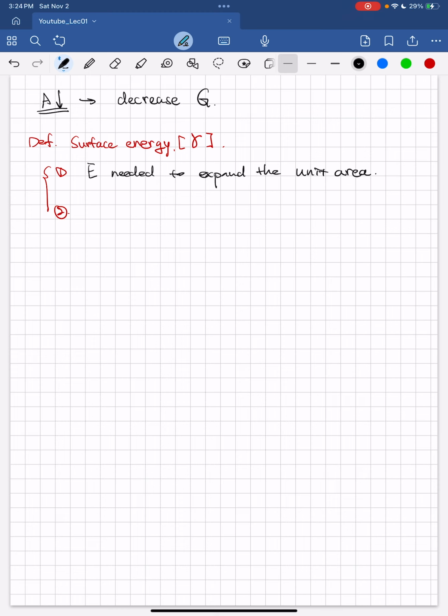So you can write it like this, W over delta A. Or you can also think of it as the summation of excess energy on the surface. But this definition we are going to talk about in the next lecture, so you can just forget about it for a second.